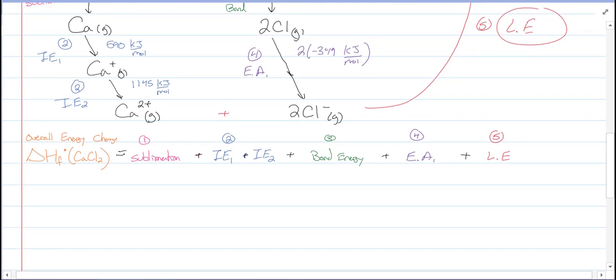So the lattice energy will equal everything subtracted from the delta HF of CaCl2.